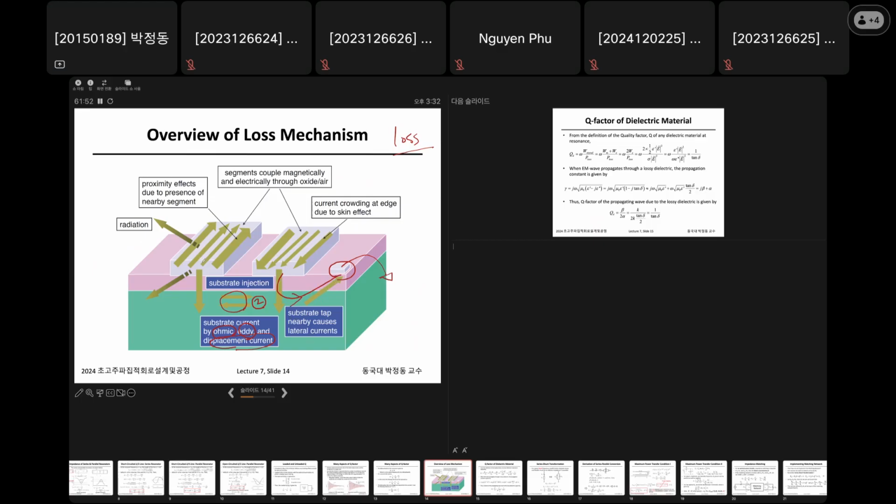Also, for the transmission line, the current is crowded at the edge due to the skin effect. So R is just R scale multiplied by length and width, where R scale is given by 1 over sigma and skin depth.